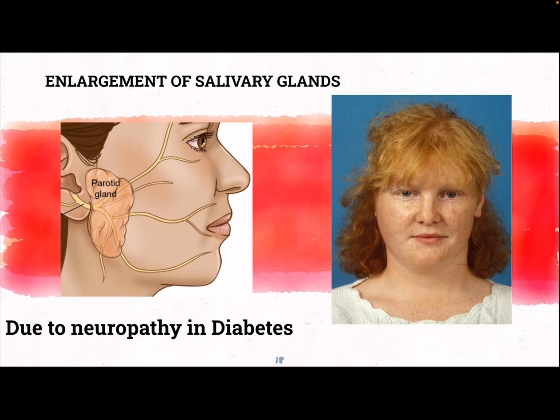Another feature that we commonly see on diabetic clients is enlargement of saliva glands, specifically parotid glands, which are located on the right and left side of our face. And it is a bilateral enlargement.